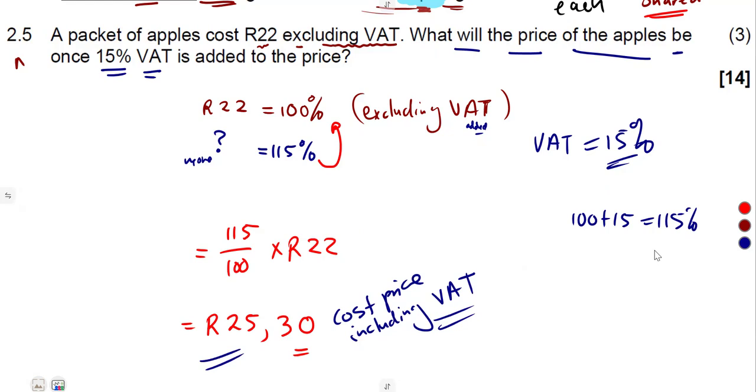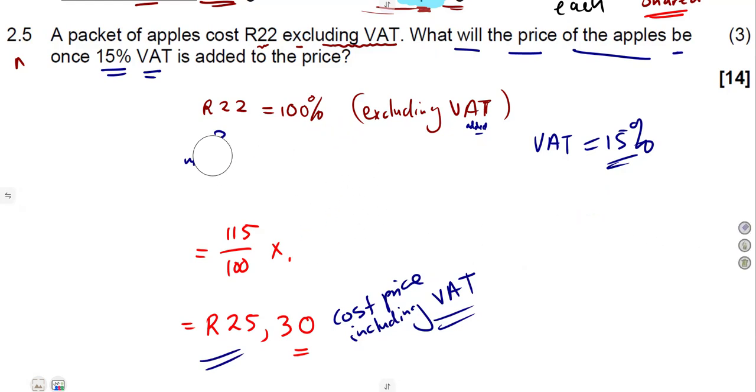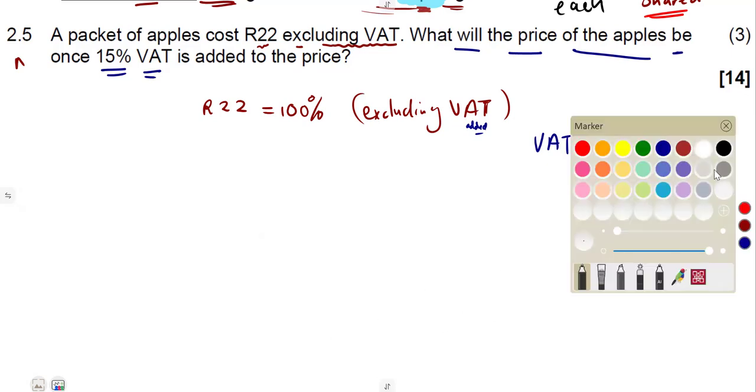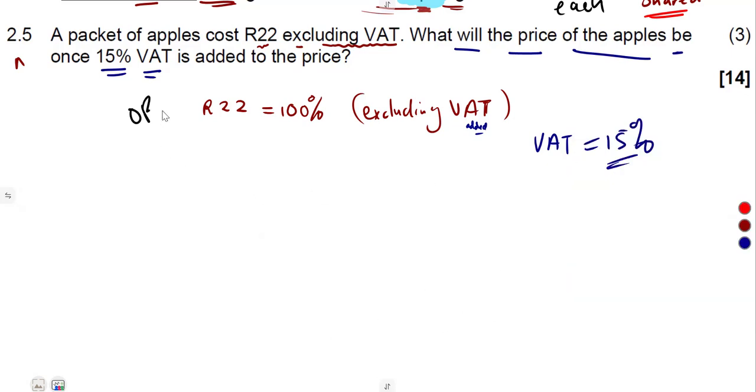Okay? Another way that you could have answered the same question here is you can simply take it this way. That's another way of answering the same question. The VAT is 15%, but originally it's excluding VAT, you'll be at 100%. So what is the VAT, the percentage that we are given?